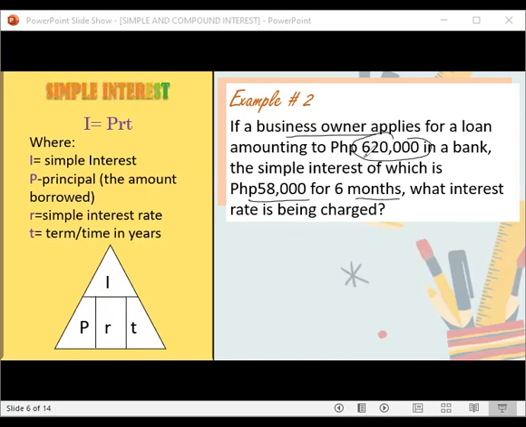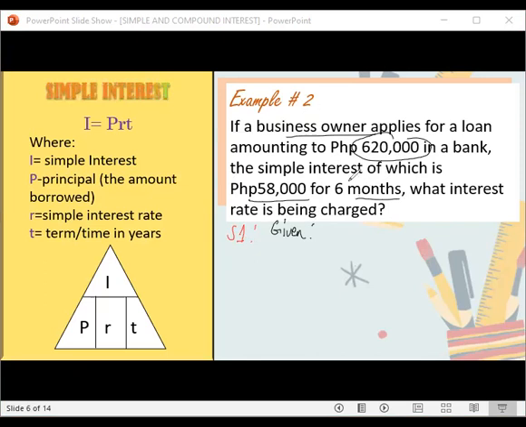So step number 1, ano po yung step number 1 natin? Is identify the given. So, identify natin yung given. So, ang given natin, una, yung 620,000. Ano ba yan si 620,000?